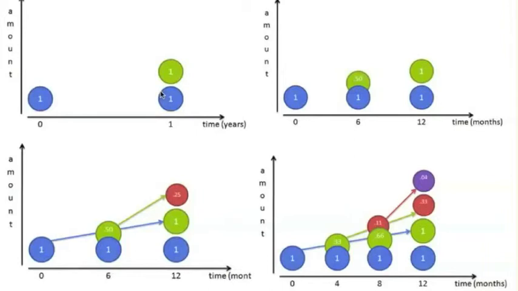That's kind of like before when we started with 1 bacteria and it became 2 bacteria. So we have a start and an end, but no idea really of how we got to that point. The second graph goes a step further and we divide the time interval into 2 different time intervals, meaning that there's 50% growth between each subinterval rather than 100% growth all at once. And then we can see, okay, so first we had $1.50 and then we got $2. We didn't just jump from $1 to $2.